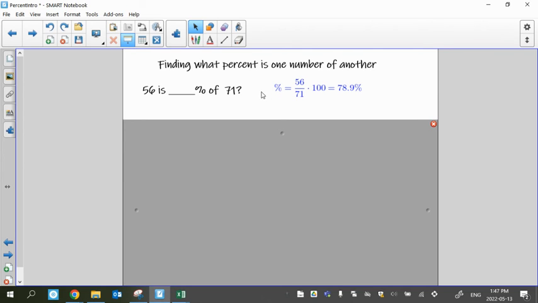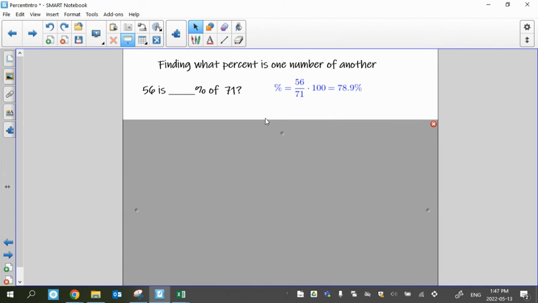So we can think like this. 56 divided by 71 is going to be the percent that 56 represents because 71 is 100. And then we multiply by 100 and we realize that 56 is equivalent to 78.9% of 71.